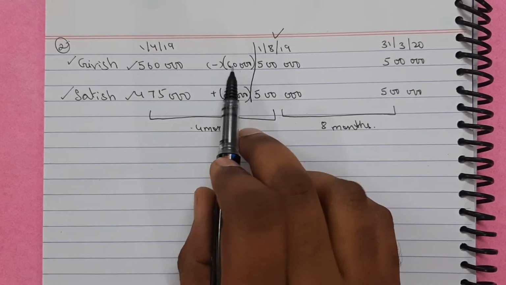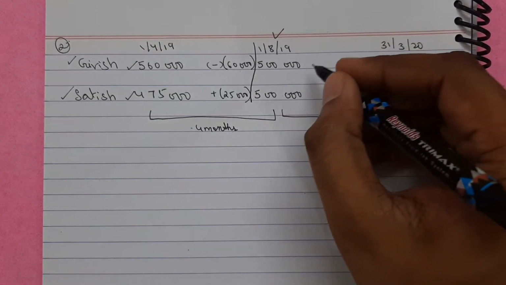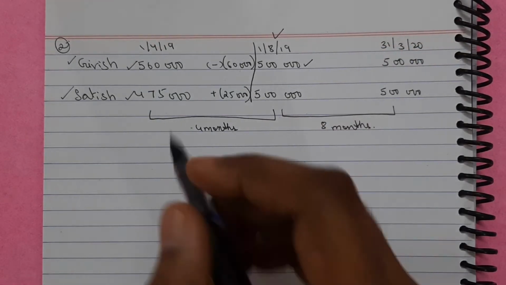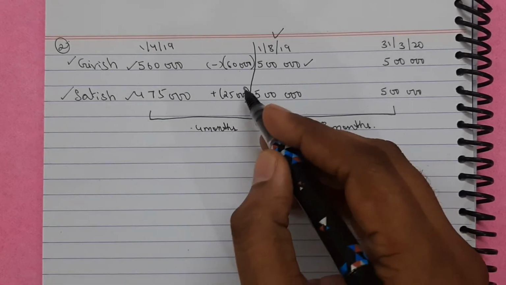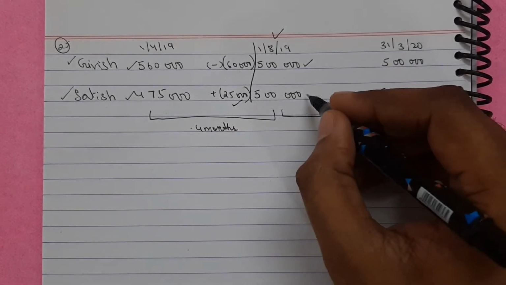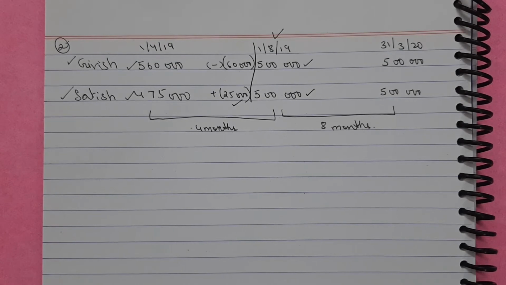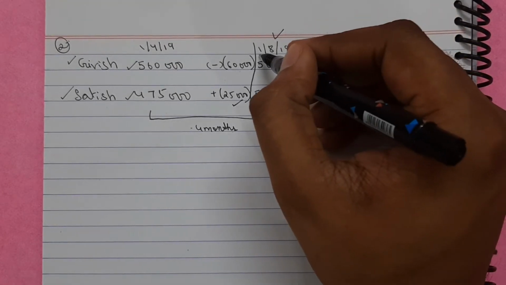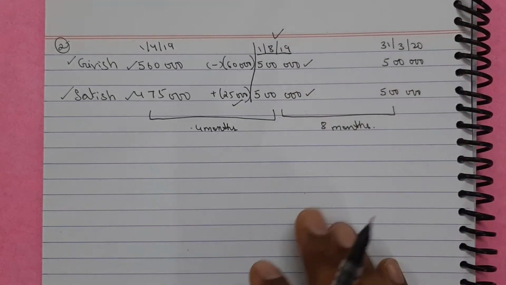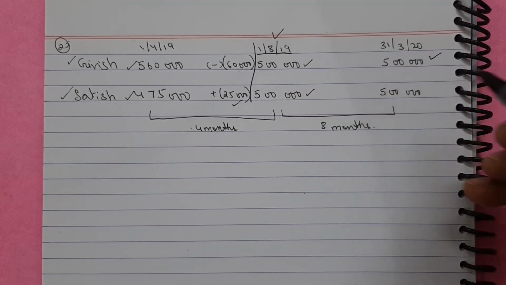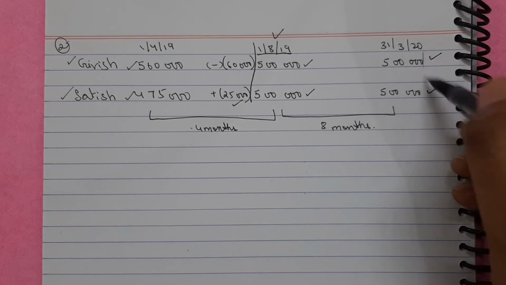As he withdraws 60,000, his capital will be 5 lakhs. And in order for Satish to make his capital 5 lakhs, he has to add 25,000 and then his capital will be 5 lakhs. All this is taking place on 1st August 2019, and the rest of the year their capitals remain the same. At the end of the year the value is 5 lakhs over here.